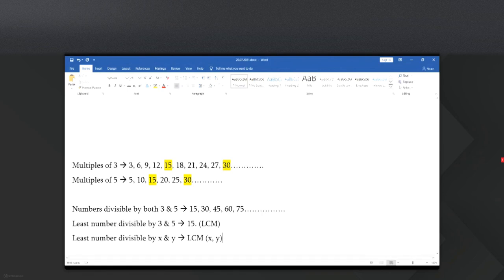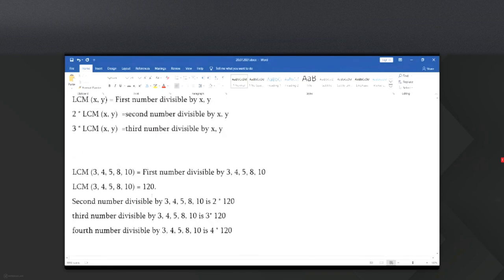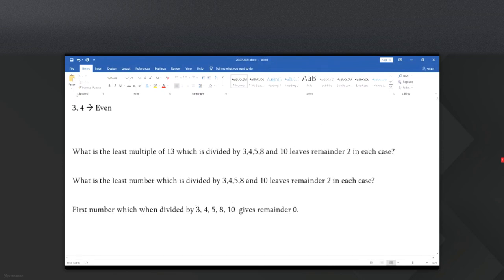That is the case here also. If I want to find the least number which is divisible, when do you get a remainder 0? When it is divisible by all these numbers. So you find the LCM of all these numbers, that will be the least number divisible by all of them. So find the LCM of 3, 4, 5, 8, 10. If you find the LCM, you will get 120.